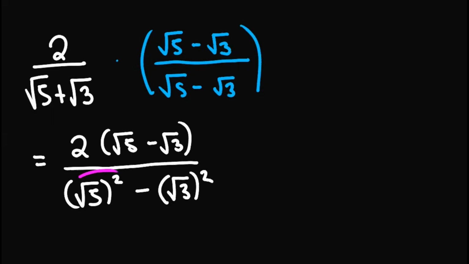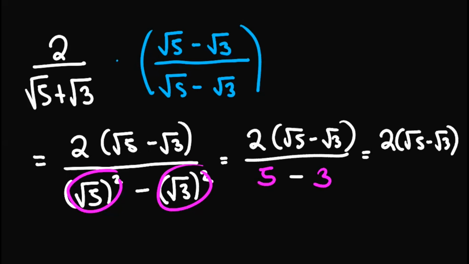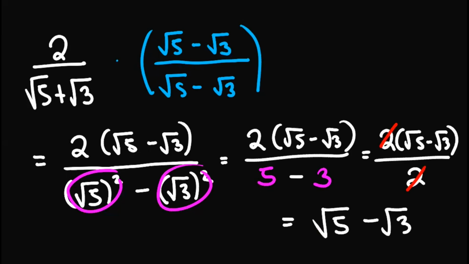And note that this simplifies into 2 times square root of 5 minus square root of 3 over 5 minus 3. And so, 5 minus 3 is 2, cancelling out the 2, and our final answer is square root of 5 minus square root of 3. And this is the answer.